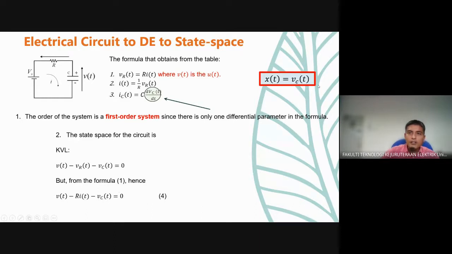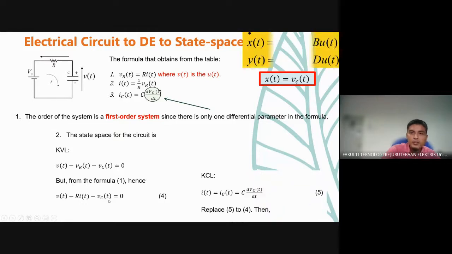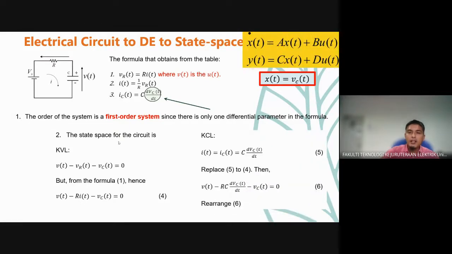Since our XT is VCT, our reference parameter or our state vector must be in VCT. So this IT we must change to VCT. So how do we want to do it? We know that from the KCL, so we must have the KCL equation.